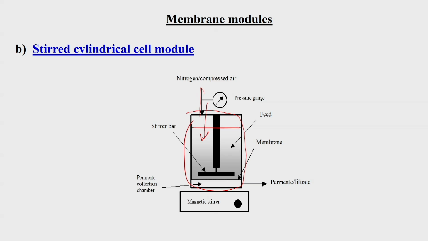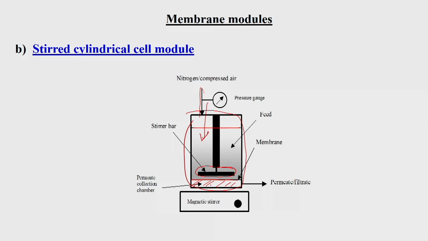If it is reverse osmosis, then high pressure is required. Above this membrane, suppose this is the membrane material, one stirrer is there. This stirrer may be a magnetic stirrer or a mechanical stirrer, whatever arrangement is there is fine for the system.